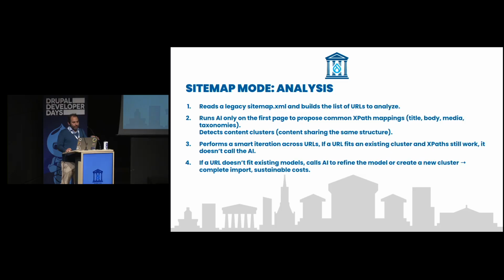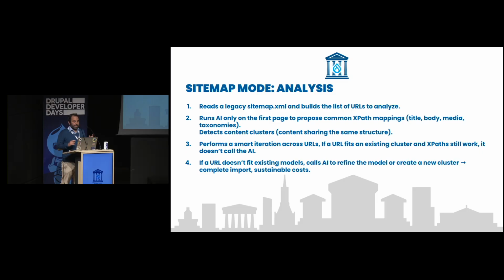From that single page, the agent proposes common XPath mappings for the main fields, so the title, the body, the media, taxonomy, and all other identified fields. And it detects clusters, so basically groups of pages that share the same template or the same structure, like articles and other content types.